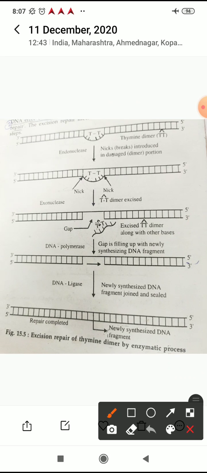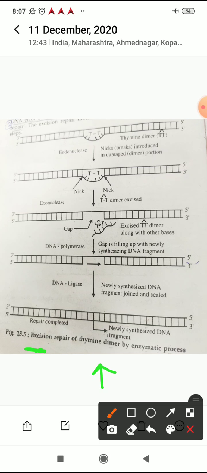So here in this diagrammatic sketch, this excision repair mechanism is shown. Excision repair is also called dark repair or dark reactivation. Photoreactivation we have seen.